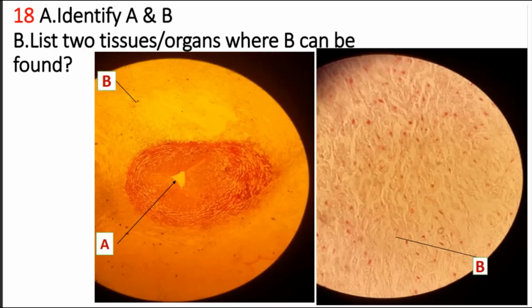Identify A and B. A is an artery, so this is the umbilical artery. B here is mucoid connective tissue, or Wharton's jelly. Where can it be found?